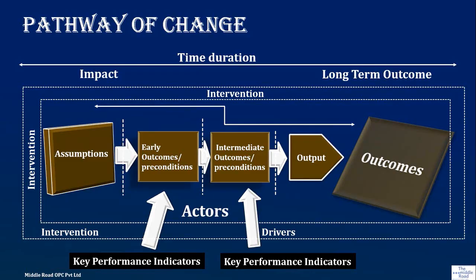The drivers could be, as I talked about, the political condition, the various actors and how they are motivating, or the regulatory environment. You're working among a multiple set of actors, and here the coordination is very important. So this leads finally to the long-term objective which you want to see, going through pathways of change.